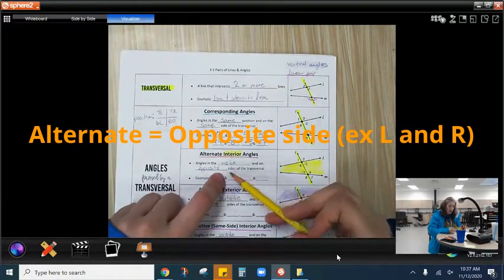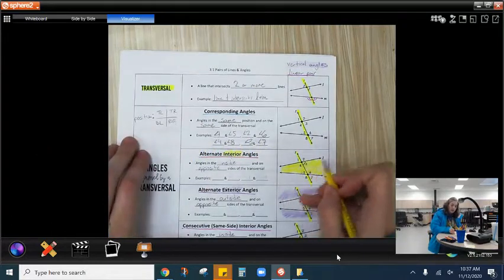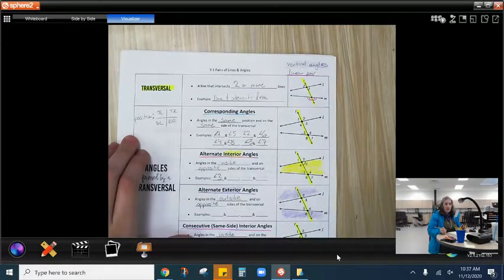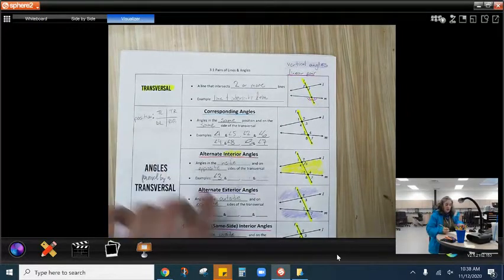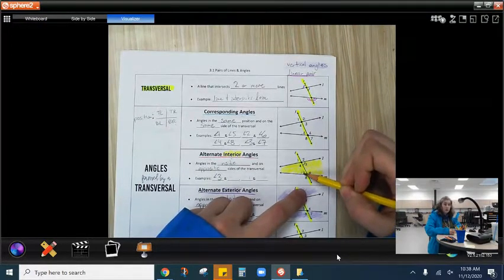And we want the opposite. So I'm just going to pick angle 3, because that's one of our interior angles on L. And we want an angle that is on the opposite side of the transversal. There's only two of them, angles 4 and 5, on the opposite side. Now here's how you know which one it is.